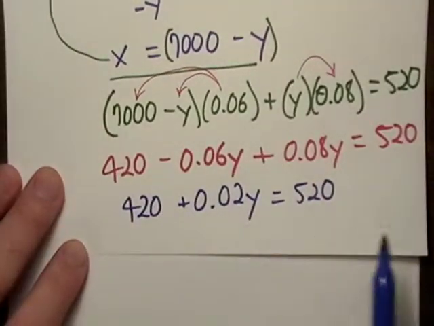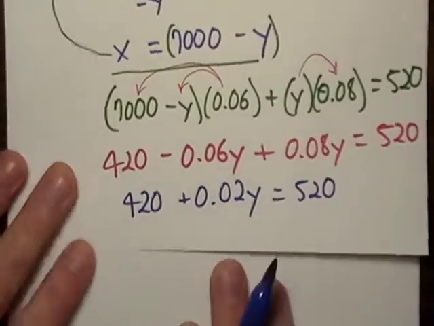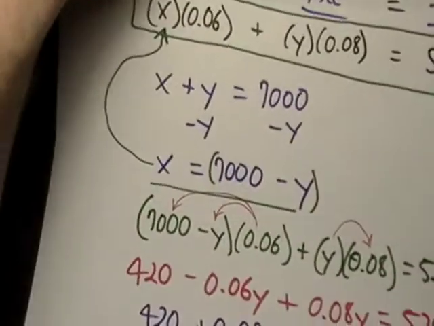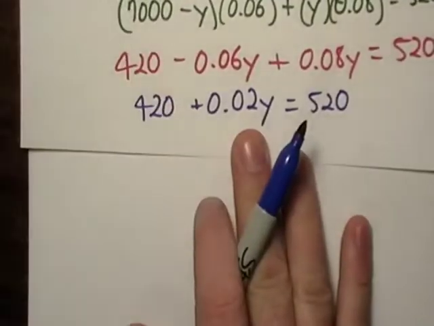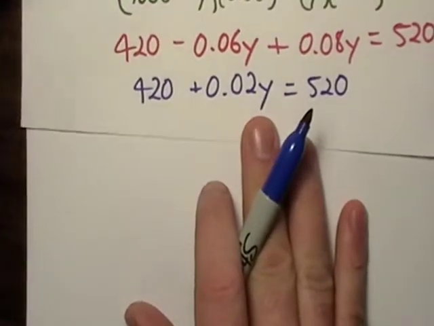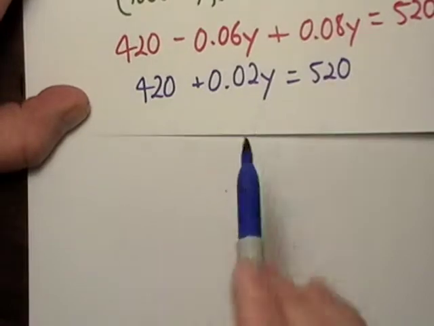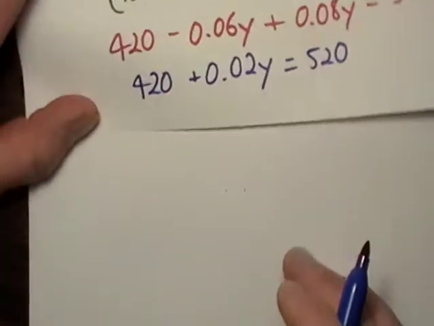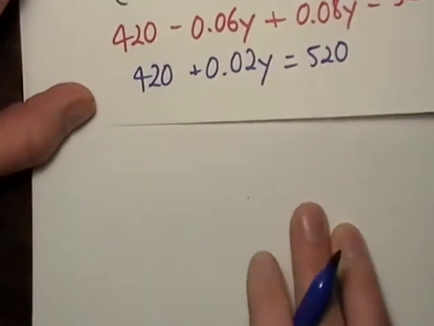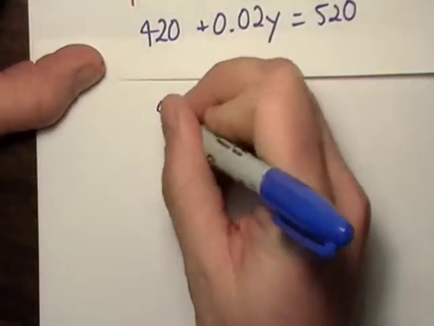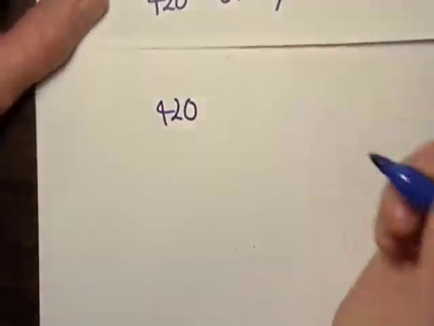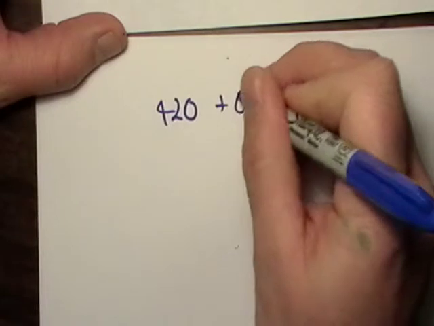Now this is starting to look like one of those normal equations that we saw earlier in algebra, just one of those pretty easy ones. We want to get y by itself, so we'll subtract. Actually, I'm going to write it on the next piece of paper because my writing is getting kind of crooked.